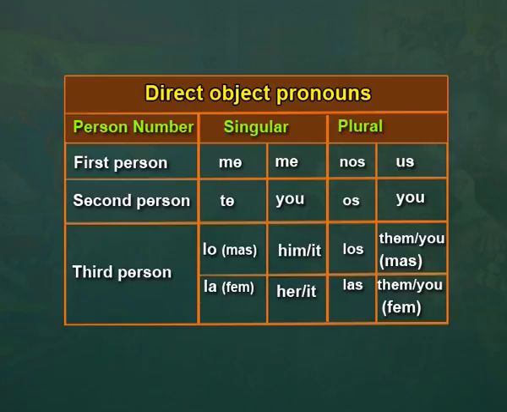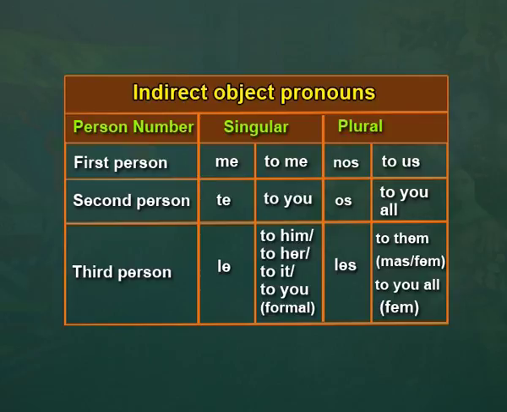The corresponding direct object pronouns in Spanish are: me is me, te is you, lo is him or it or you, la is him or her or it or you, nos is us, os is you, los is them or you, and las is them or you feminine. So, I repeat, me, te, lo, la, nos, os, los, las.